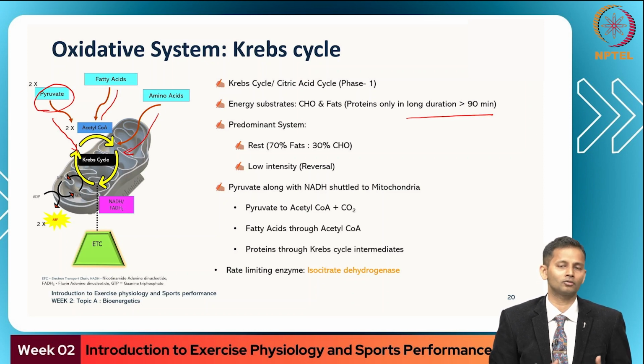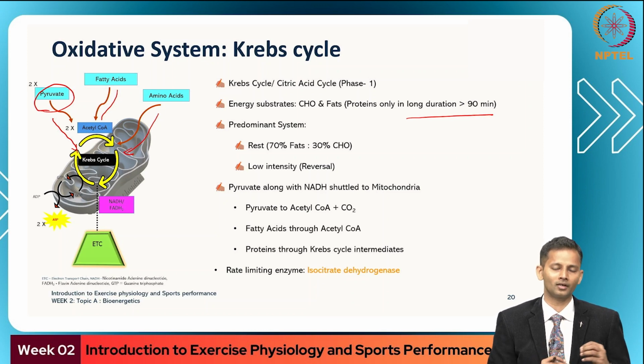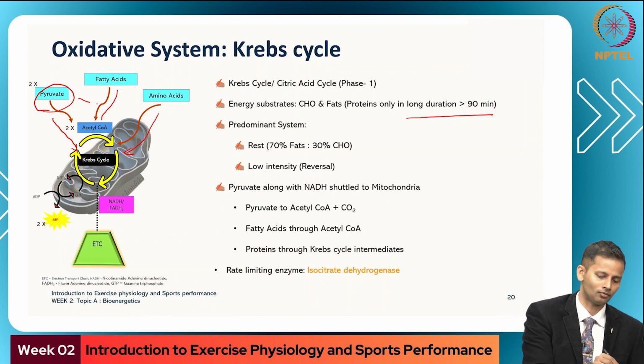So during rest also we have various bodily functions, right? These are all catered for by this energy system, that is the oxidative system, where all three macronutrients can contribute in the energy generation. So here you have at rest about 70% of the contribution by fat.